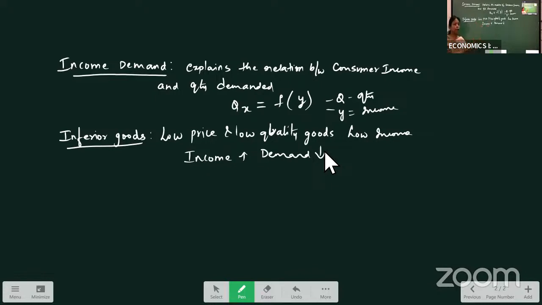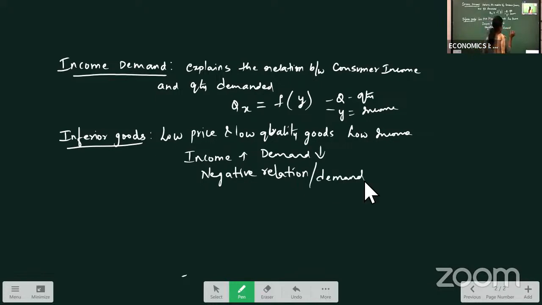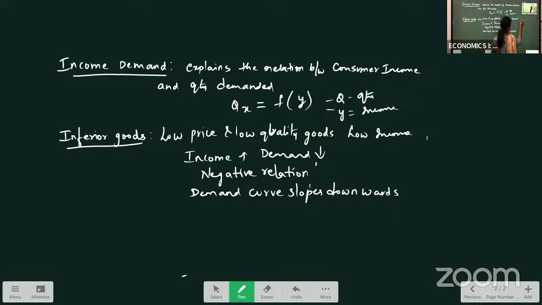So in the case of inferior goods, what do we have? We have a negative relation. When we have a negative relation, our demand curve slopes downwards. Just see here, in the case of inferior goods, our demand curve will be sloping downwards.